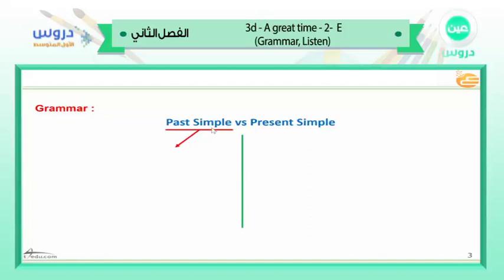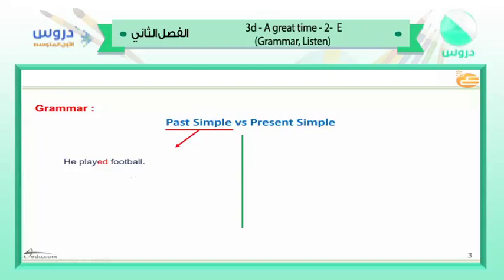Okay, everyone? Listen. The past simple, we can put it in this way. This is an example of the past simple. For example, he played football. This sentence is in the past. Why? Because the verb here is in the past form, played.